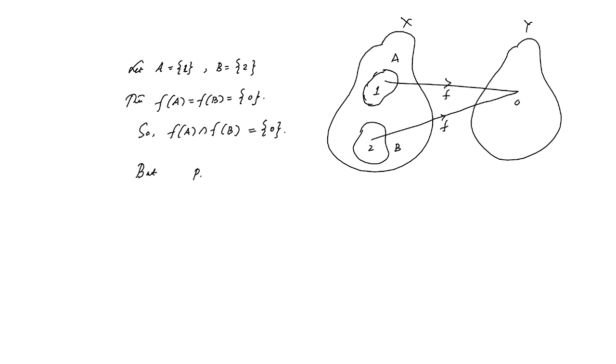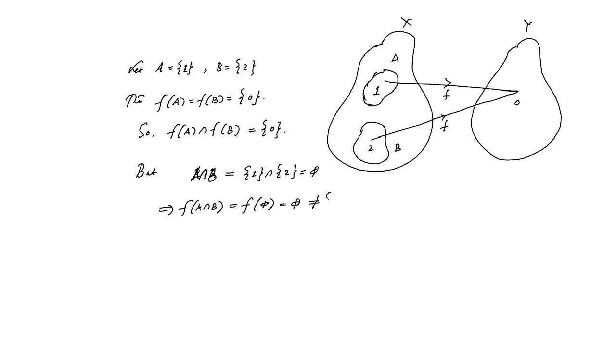If we think about A intersection B, so A is 1, intersection 2, so this is basically 5. That implies f of A intersection B is f of 5, and this is 5.